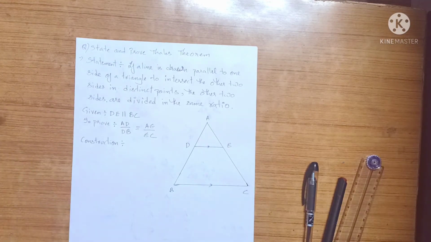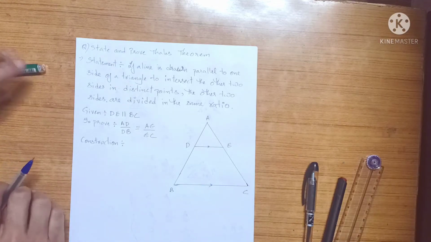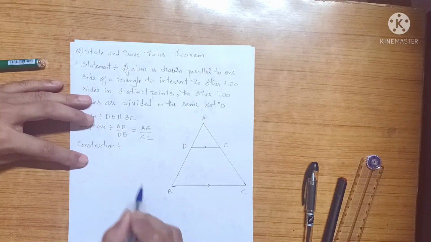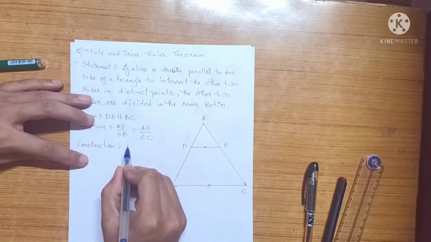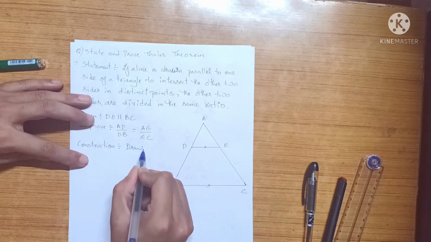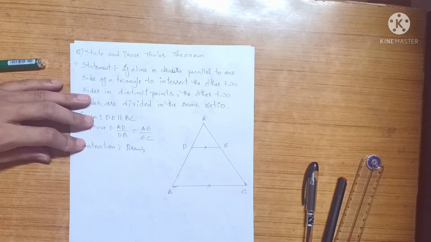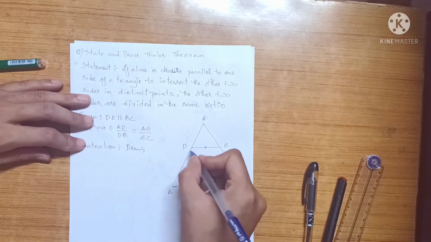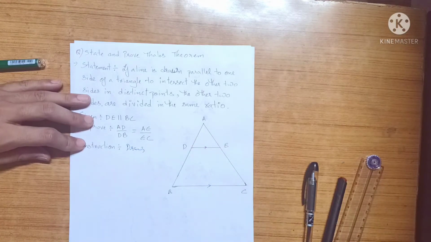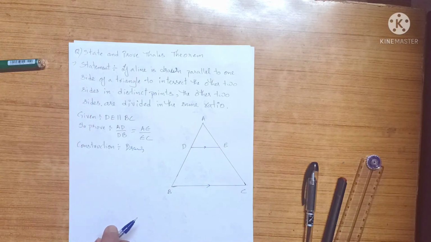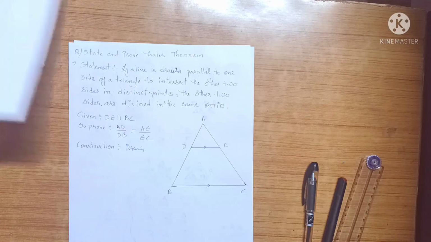For construction, we're going to draw... we will take this thing. Perpendicular. Perpendicular means when you're drawing something 90 degrees to a line.